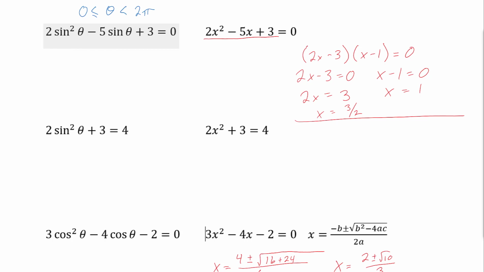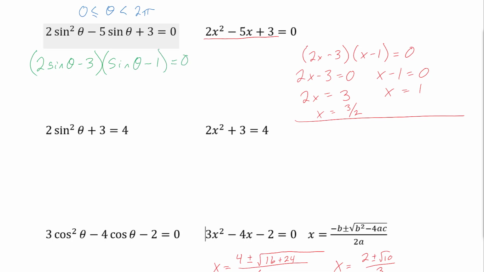This is factorable, just like the exact same quadratic we factored in the previous video. We can factor this to be 2 sine theta minus 3 times sine theta minus 1 equals 0.